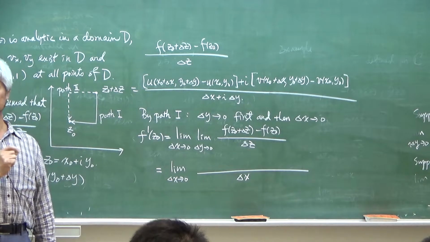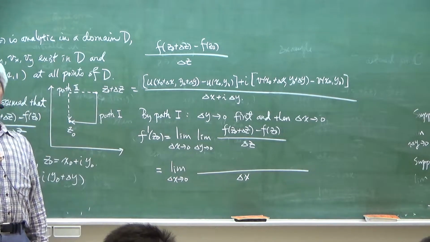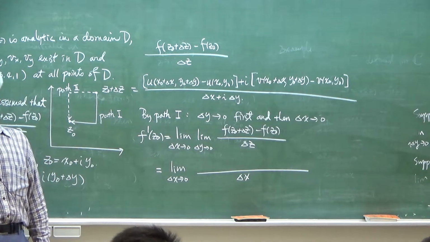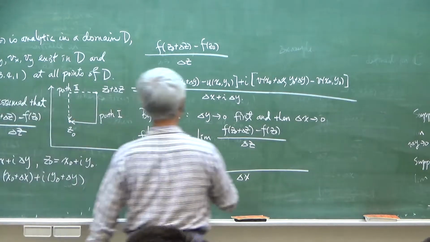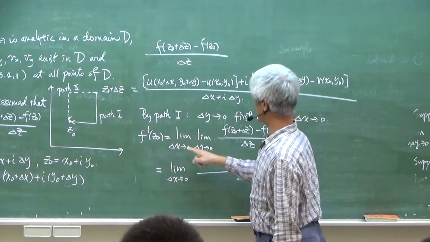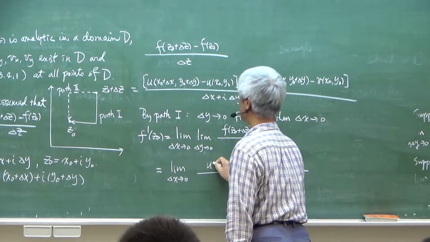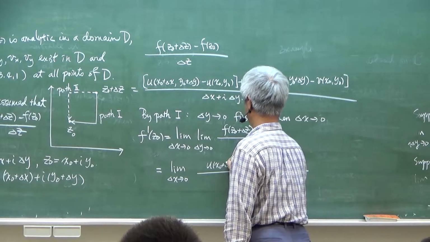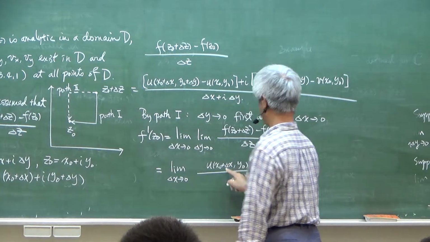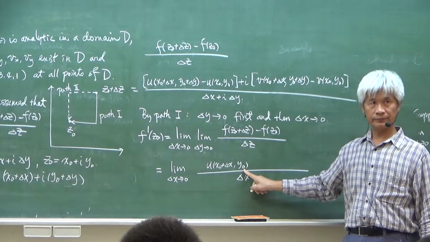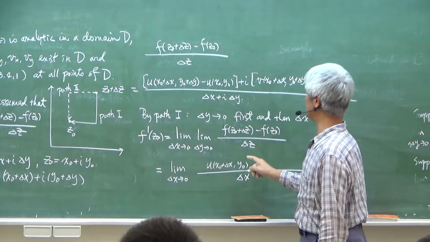When it is continuous at a point, the u and v functions are continuous at the corresponding point, so as delta y goes to 0, y goes to y0 here. This is very important.